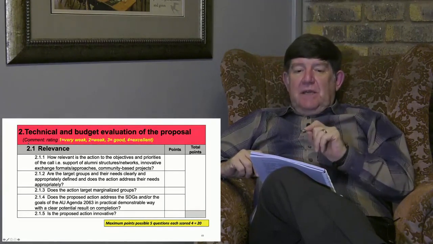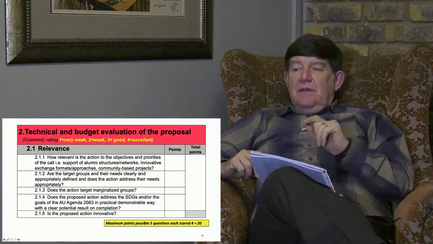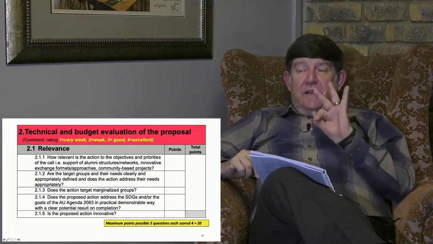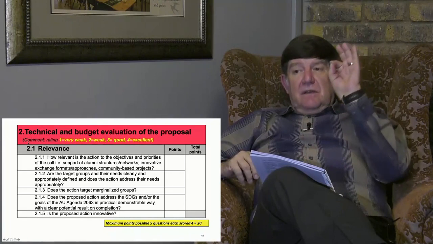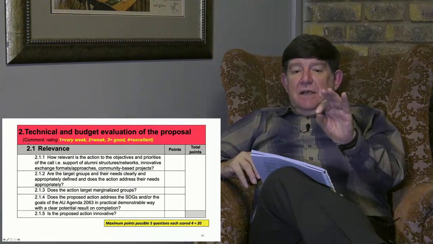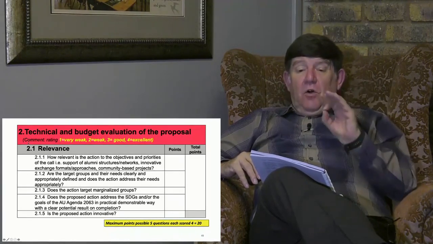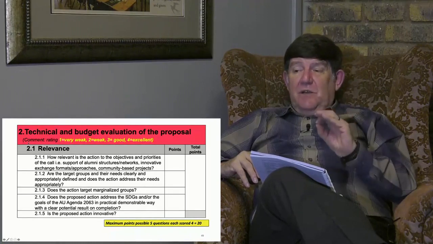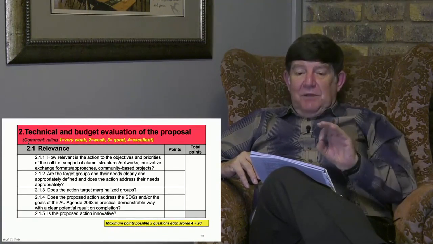2.1.5. Is the proposed action innovative? For all 3 of those windows, the community-based activity, supporting the networks and structures, and innovative new exchange formats, all 3 of those funding windows must have an innovation element.